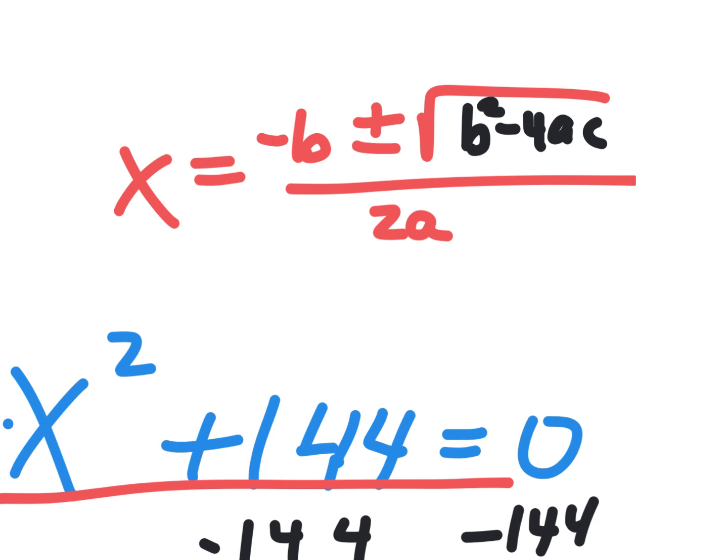Okay, so anyway, use that formula, and we know A, B, and C. A is 1, so I'm putting it in these 2 spots. B is 0, so I'm putting that in these 2 spots. And C is 144.